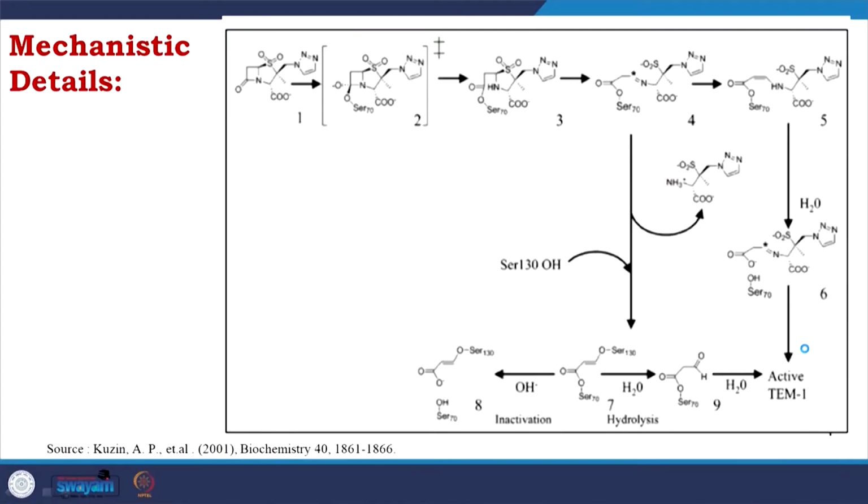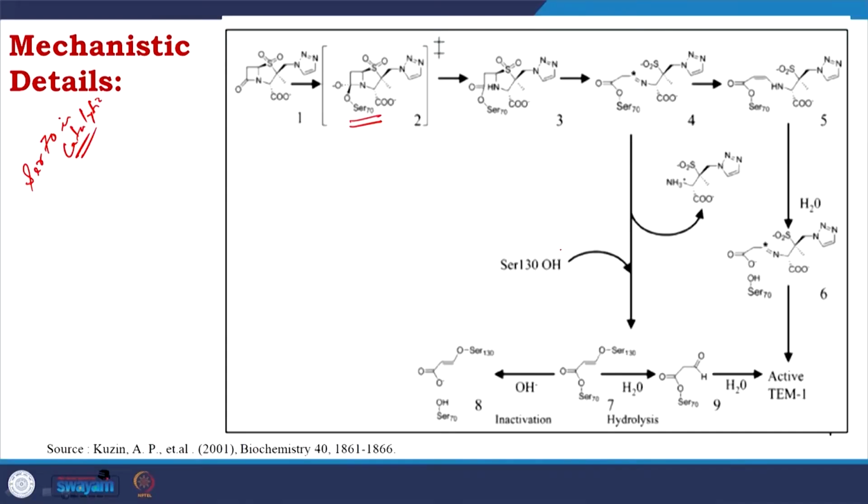So, here is the mechanism, and looking at the mechanism, what you want to look at, I am showing you, the serine 70 is involved, but we know that serine 70 is the catalytic residue. So, involvement of serine 70 is understandable, but more interestingly these MBIs involve a second serine which is serine 130.